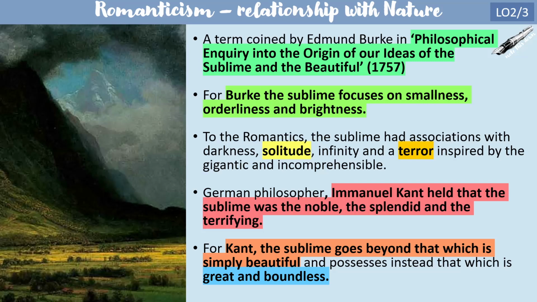To the Romantics, the sublime had associations with darkness as well, with solitude, infinity, and a terror which is inspired by the ideas of the gigantic and the incomprehensible, as I've talked about before. So we also have a development upon the idea of the sublime from the Burkean sublime, by German philosopher Immanuel Kant.